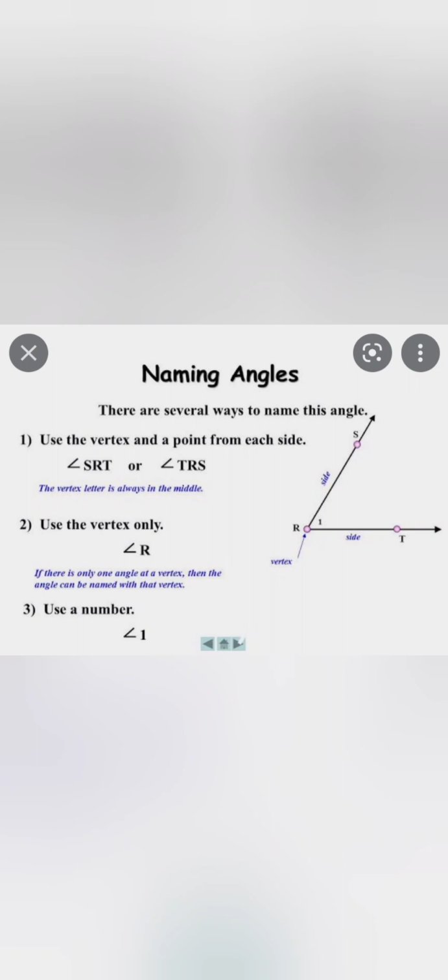Then, using only one letter, the vertex, we say angle R. If there is only one angle at the vertex, we can write just that one letter. Then by using a number: if I have many angles, we number them 1, 2, 3 like that. So by using numbers we can also name the angles.